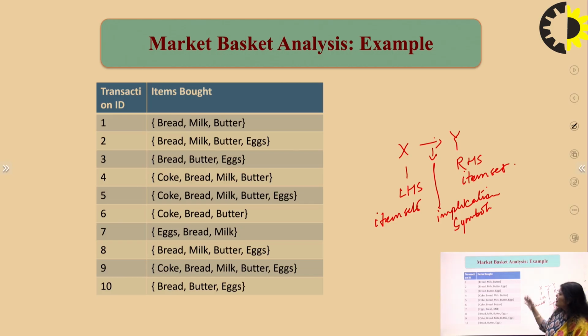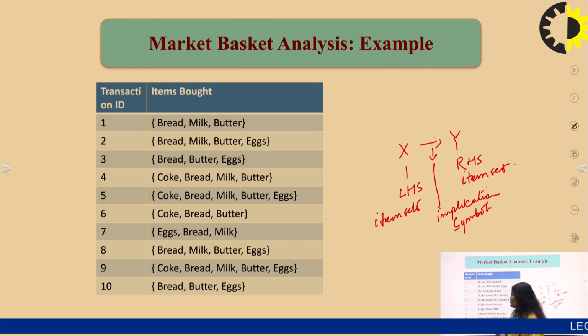So this is one example of a transaction data set that we have with us, and as you can see, we have the transaction IDs made by the customers, and together with this a list of items that have been purchased in the respective transactions.